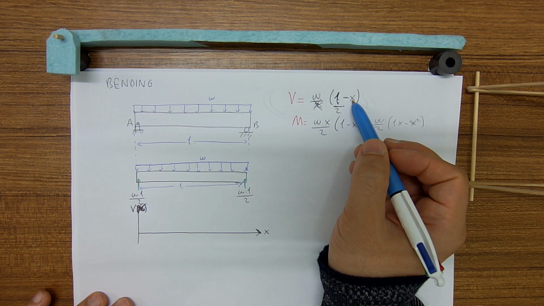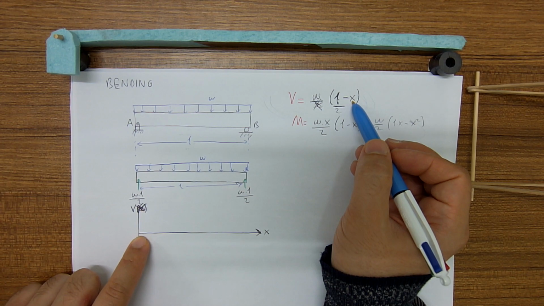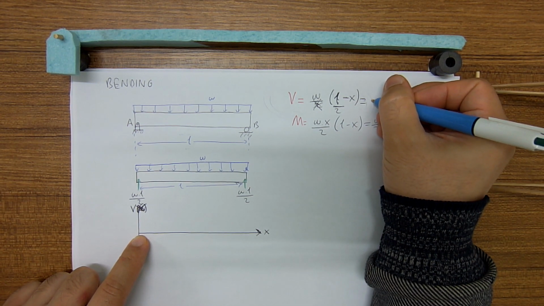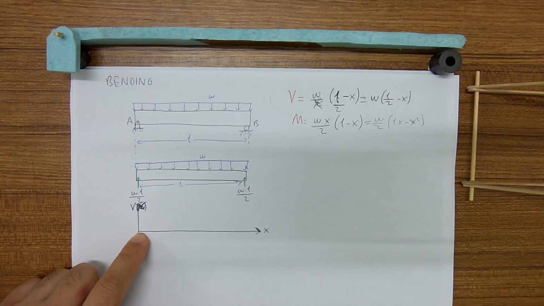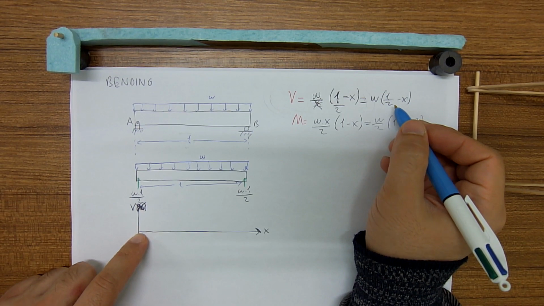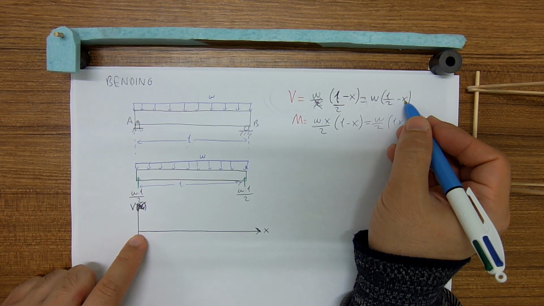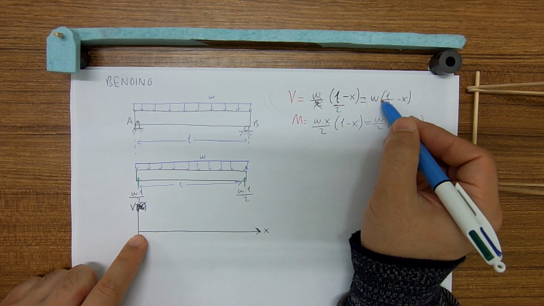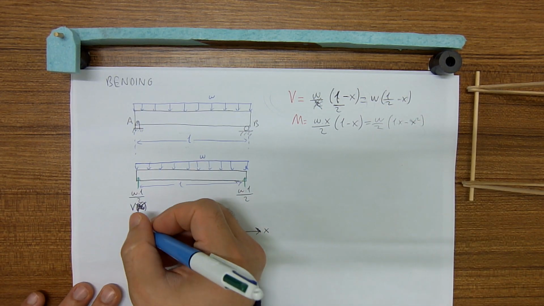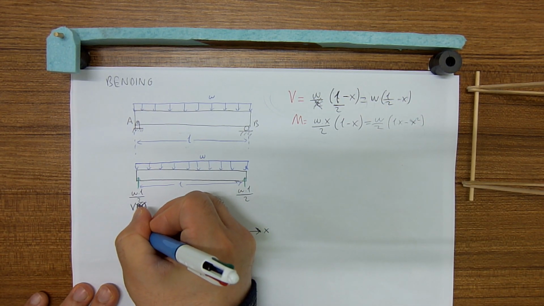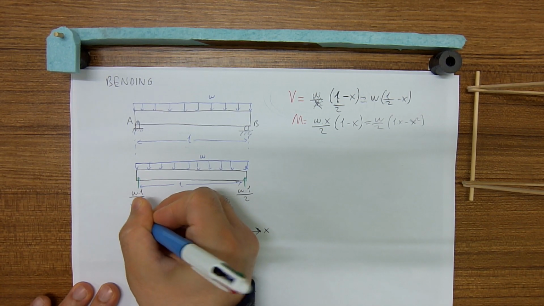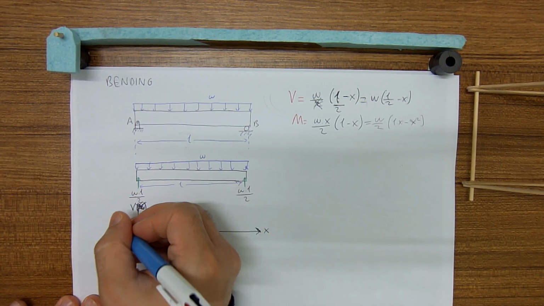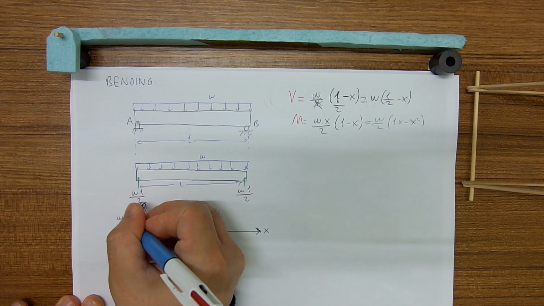At the origin, x is 0. So let's clean it here. V equals W L over 2 minus x. So at the origin, V is equal to W times L over 2. So from the origin it jumps up.